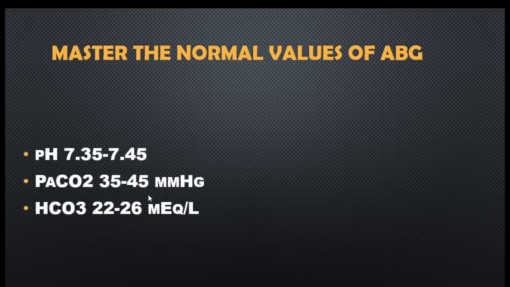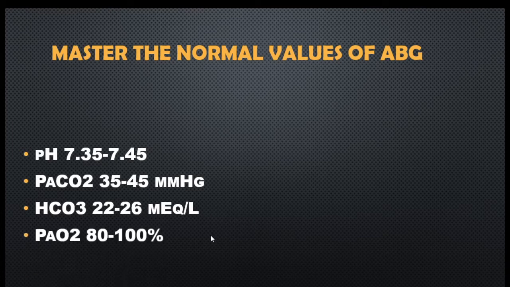And if there is less bicarbonate in your blood, it will make your blood more acidic, because HCO3 can increase the pH level of your blood. It is regulated by your kidney.